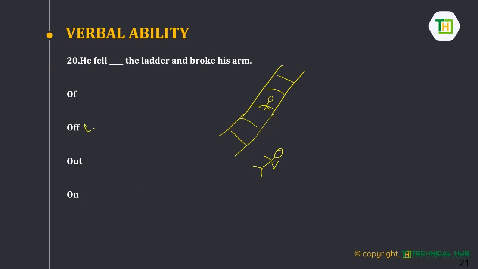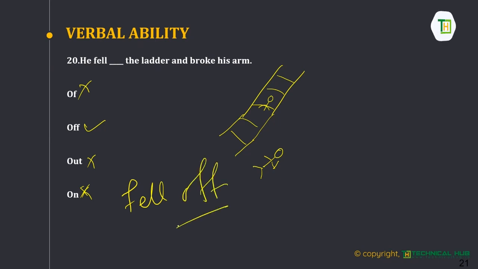Fell off is the right one. Fell out we cannot use, fell on we cannot use. So off is the right one. Falling down from any surface, we can call it fell off. Remember this phrasal verb, fell off.